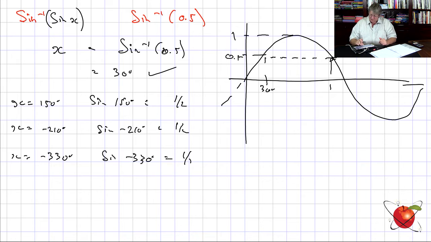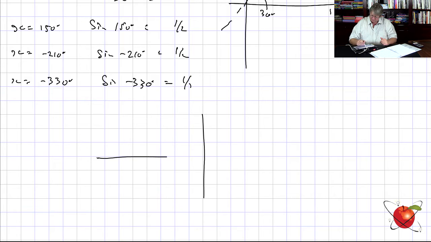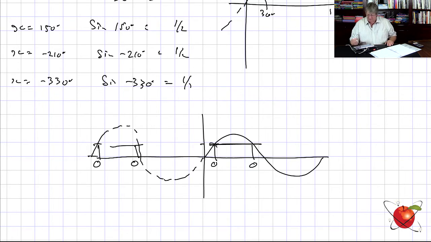Why? Because the graph repeats itself. It is doing this, isn't it? It's doing this over here. And behind the scenes, it's doing that. So at the 0.5 there, I've got 2 solutions there and there, but I've also got 2 solutions there and there, haven't I?